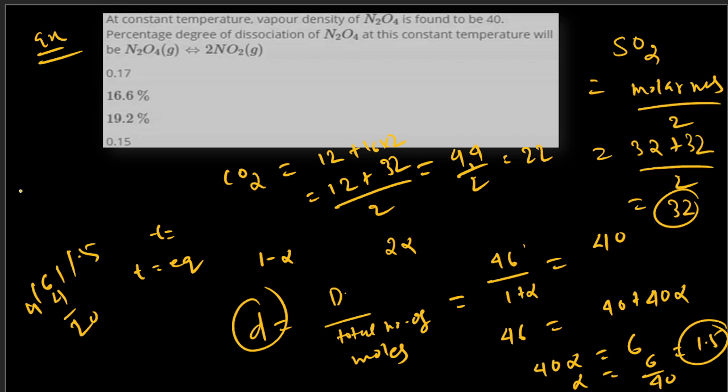Whenever you calculate the real vapor density, we just divide the molar mass by 2, and whenever you calculate the real molar mass, we directly calculate the molar mass. Here also the same type of questions can be asked. They will give the observed vapor density and ask for alpha, or they will give alpha and ask to calculate the observed density, because D, the real density, we can easily calculate by doing the molar mass divided by 2.